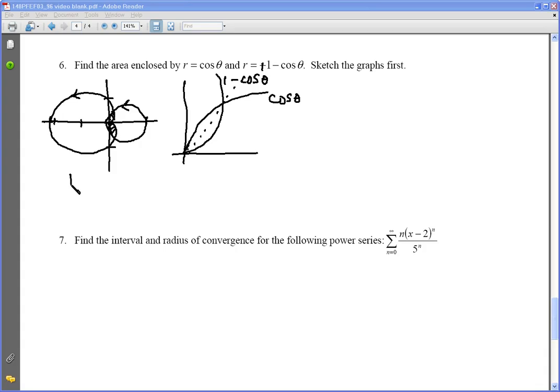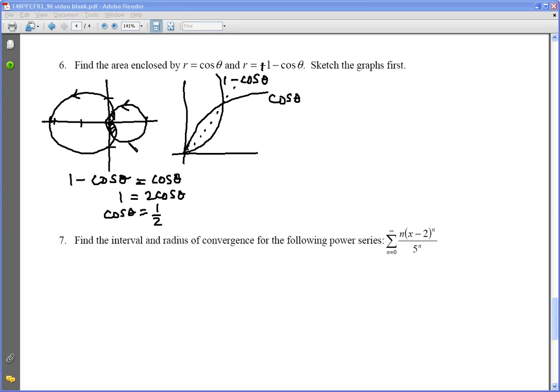So we set 1 minus cosine theta equal to cosine theta, and let's see here, bring this cosine theta over as a positive, so 2 cosine theta equals 1. And so divide both sides by 2, so cosine theta is equal to 1/2.